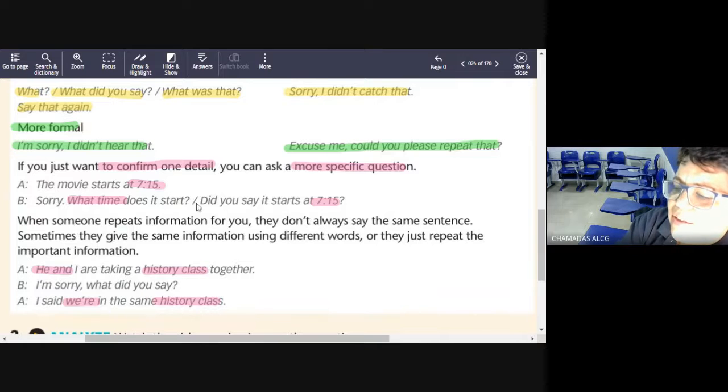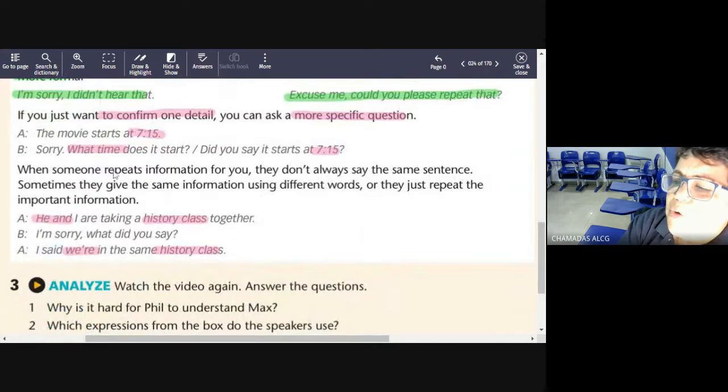Next one. When someone repeats information for you, they don't always say the same sentence. Sometimes they give the same information using different words, or they just repeat the important information.